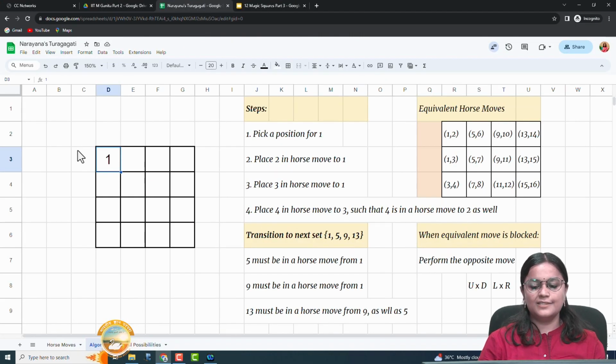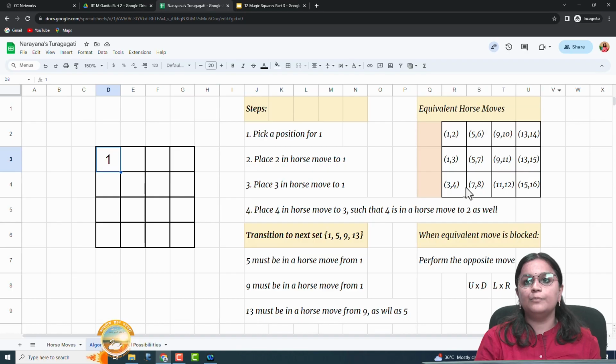Now, with our sequence and sets correctly in place and the knowledge of horse moves also ready with us, we will try constructing our own pan magic diagonal square. Important thing here when we start is to keep a table of our equivalent horse moves ready, because this table will give us a reference of which numbers should be in equivalent horse moves to each other.